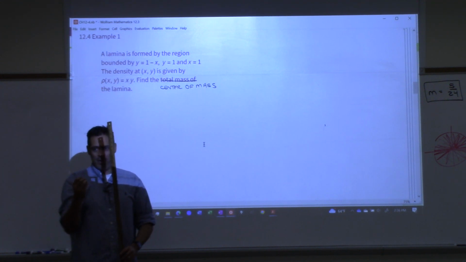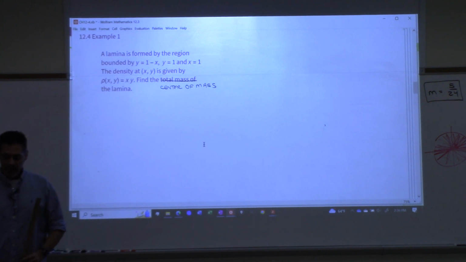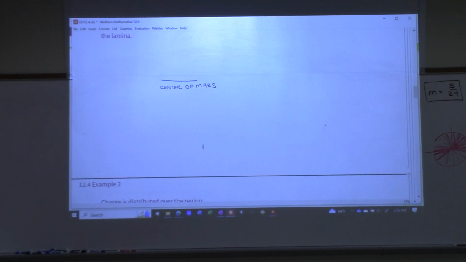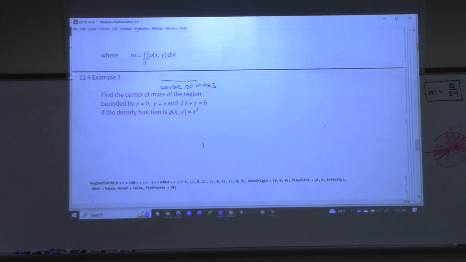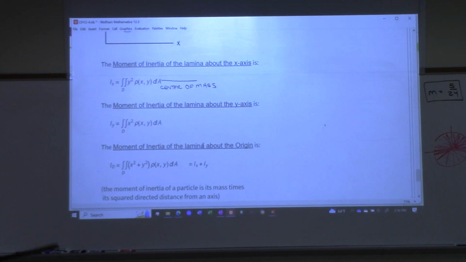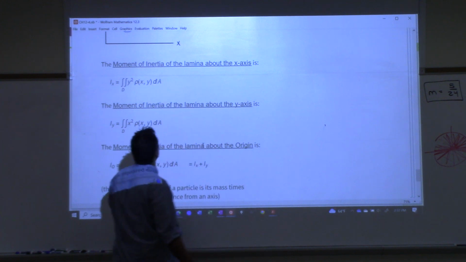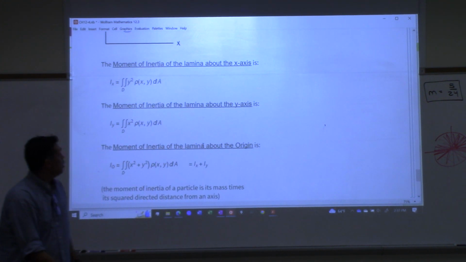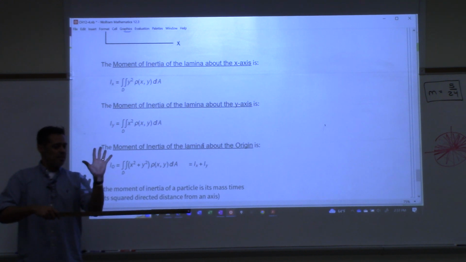The moment of inertia is an object's resistance to rotation about an axis. And the way we calculate that is this formula right here. So we have the moment of inertia about the x-axis, which is an object's resistance to be rotated.